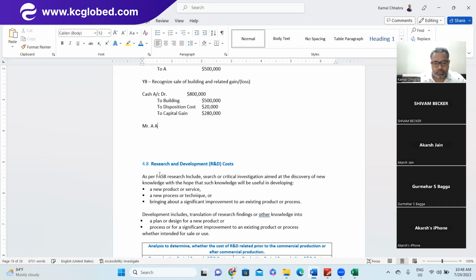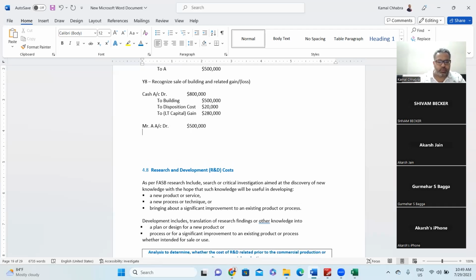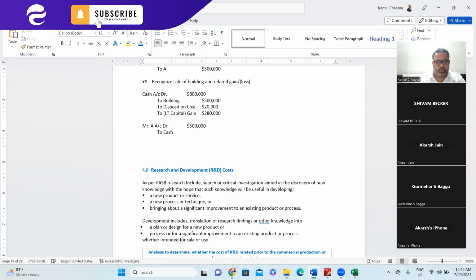Sir, why are we specifically mentioning capital gain in this? Generally in accounts we don't write capital gain, we only write gain, right? Yes, you can say so. It is just for your identification. I am done, sir. Mr. E account debit, how much do they need to pay? 5 lakhs. $500,000 to bank, cash done.